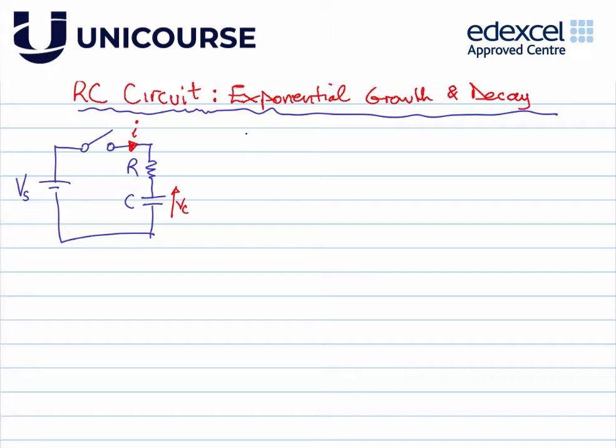Once the switch is closed, we would like to know what that capacitor voltage actually looks like. So in terms of time on the horizontal, here's the origin, here's your capacitor voltage, and what we're expecting to see, as you'll see later on in a live simulation, is an exponential growth of this form.